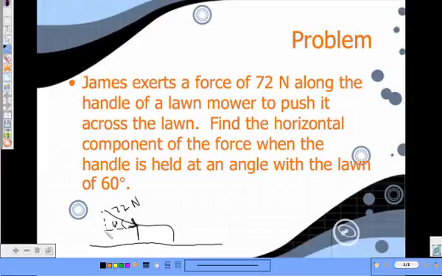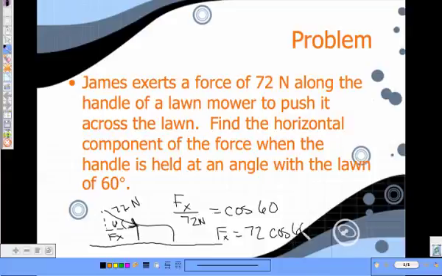So if we're going to find F of x, adjacent over hypotenuse is equal to cosine of 60, right? So 72 times the cosine of 60.